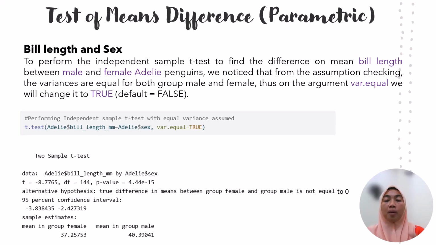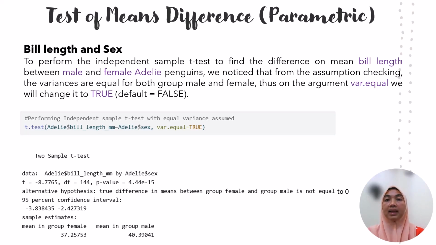So we want to perform the independent sample t-test assuming equal variance. This is our syntax, the t.test function, and at the bottom here we have the output for the two sample t-test.